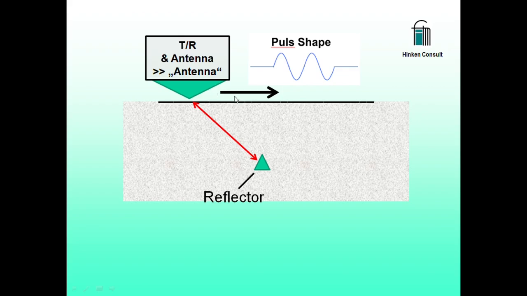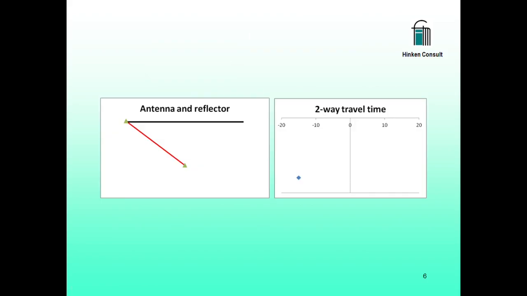Let's look at an animation. Here on the left-hand side, we have the position of the antenna and the reflector. And here on the right-hand side, we have the horizontal position, and downwards we have plotted the two-way travel time. So here it is larger than it is here.